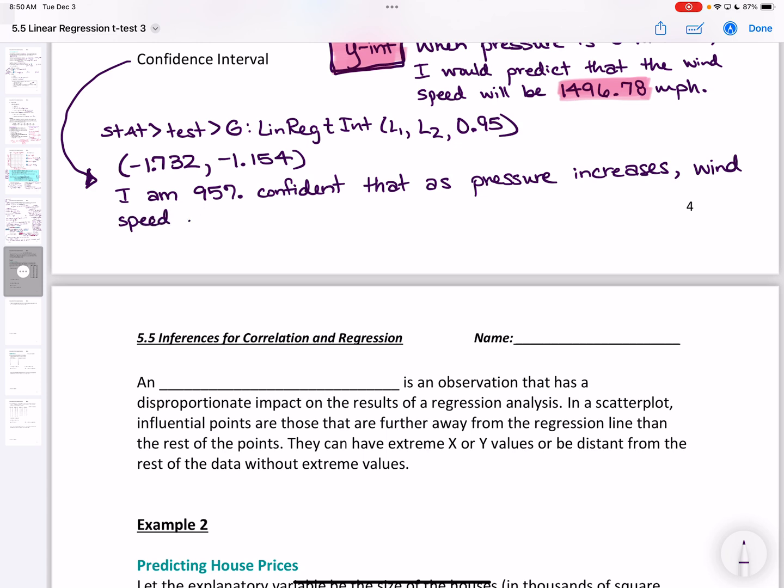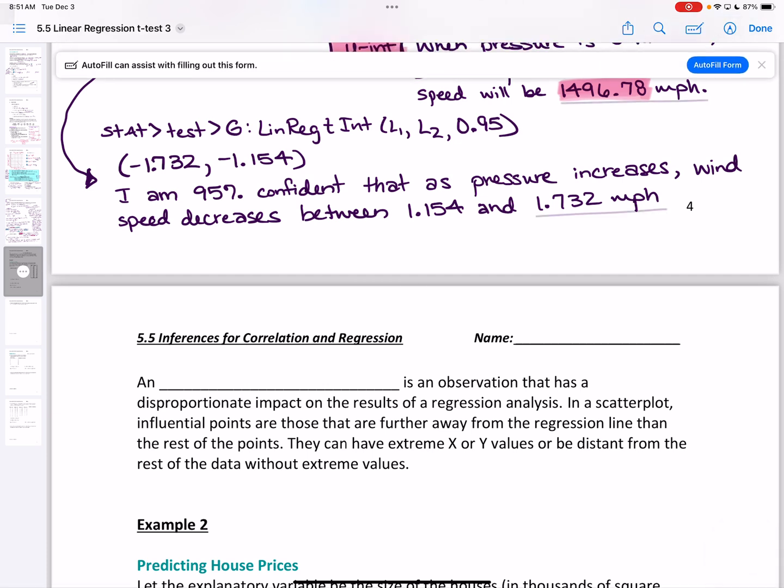Wind speed decreases between 1.154 and 1.732 miles per hour. You'll notice I did flip those because we always put the smaller number first. When you read it, it's negative, so that's why the bigger number's listed first. But when we write about it, we put the smaller number first because we put decreases, okay? So it's going to decrease between 1.154 and 1.732 miles per hour, okay?